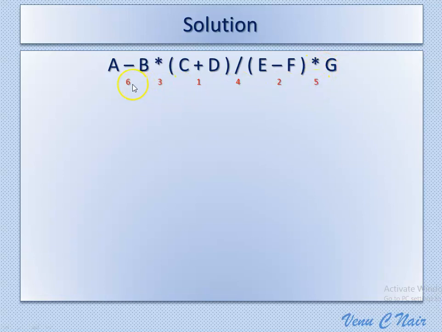Finally, we will be performing the minus operation coming after A. So the first thing to be done is to sequence the operations to be performed.